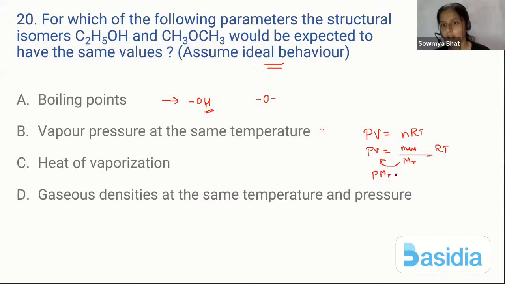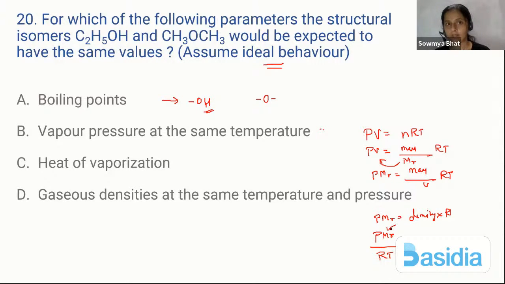P times MW is equal to mass over volume times RT. So P into MW is equal to mass over volume, which becomes density, into RT. So P times MW divided by RT is going to give you the density. So this is in the gaseous phase.